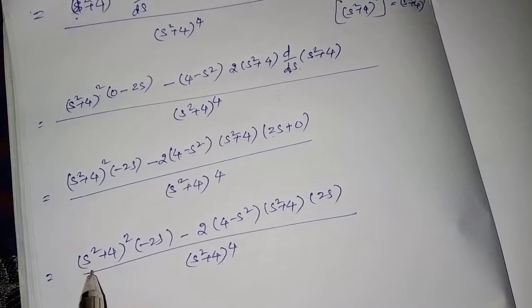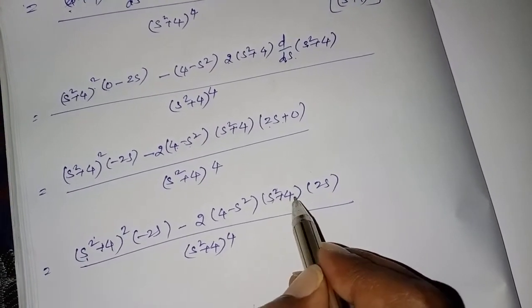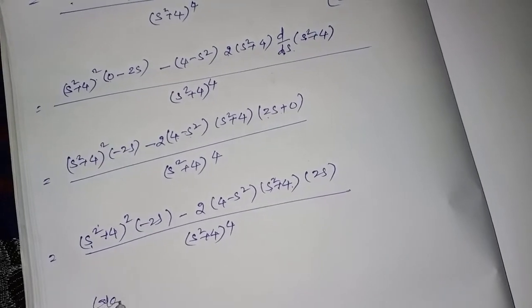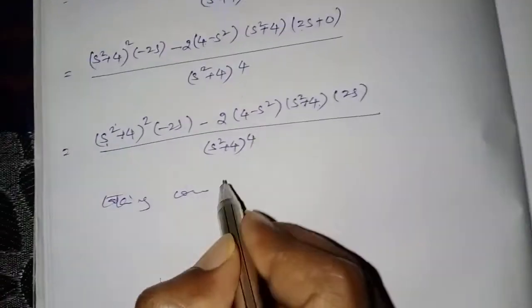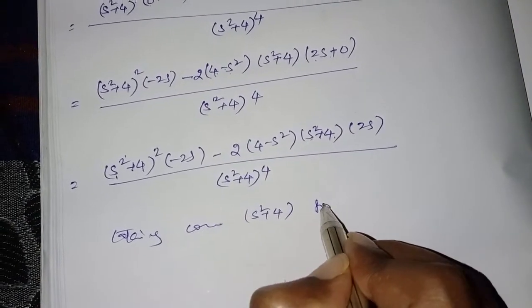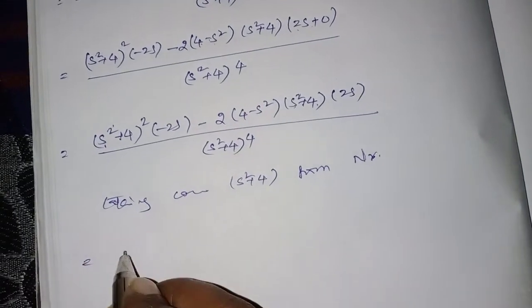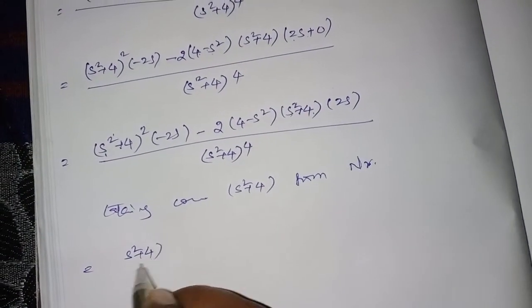Now observe here, (s square plus 4) whole square, here is also s square plus 4, so taking common s square plus 4 from the numerator.